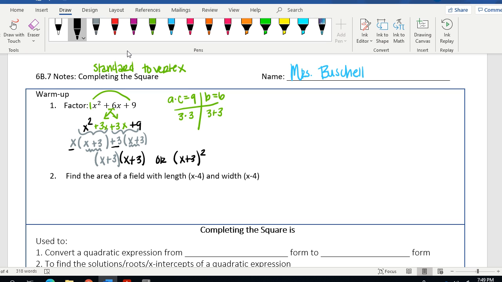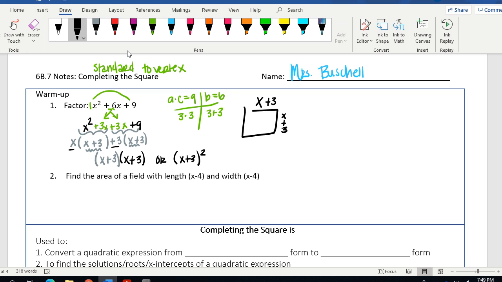This is a special trinomial because it gave me this repeated binomial, and they call these a perfect square trinomial, because if I had a box or a square and each of my sides were the same, that creates a square.